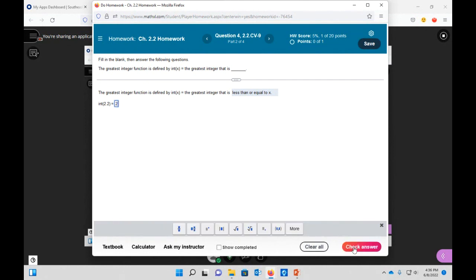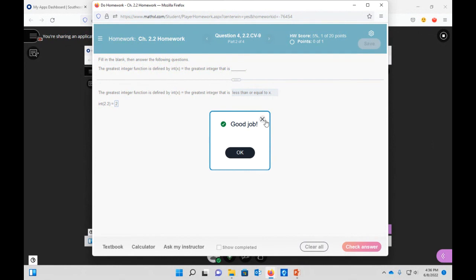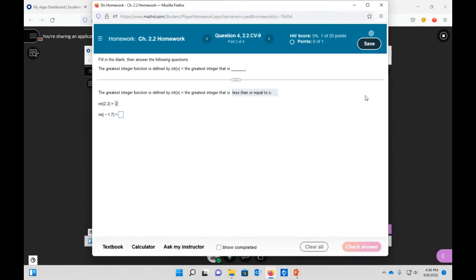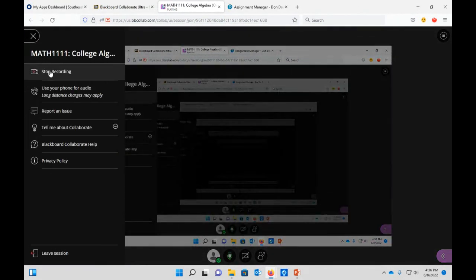It's 2, right? Good job. Now, let's change it a little bit. What if this had said the least integer function, defined by the integer that is greater than or equal to this thing? Well, it would have been 3. Well, I hope this didn't confuse you too much. And so in light of that, I'm going to stop.